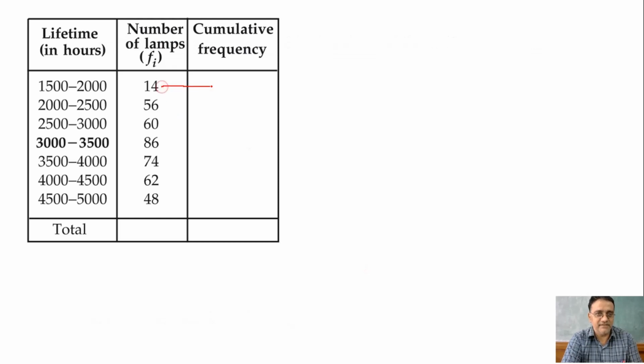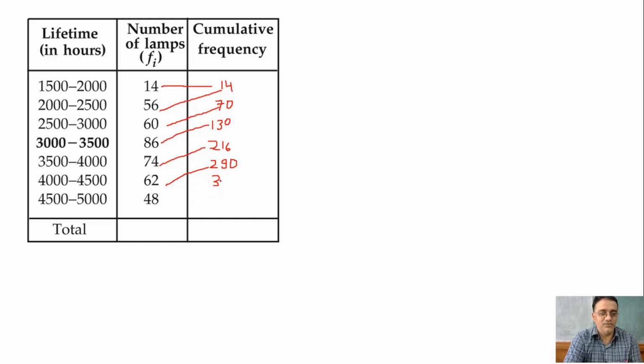So first CF 14, next 70, next CF 130, next CF 216, next 290, next 352, the last one, 400.